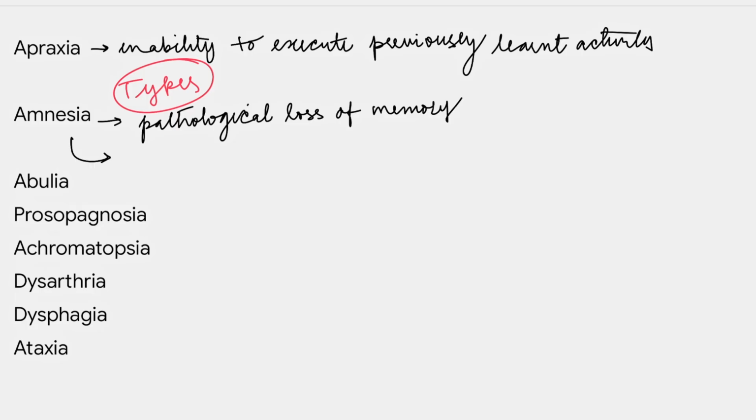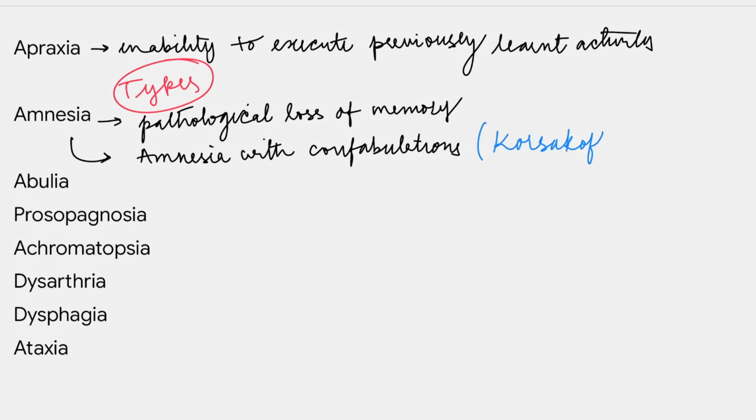One high yield fact, if they ask where do you see amnesia with confabulations, it is Korsakoff psychosis. In confabulation, the patient has lost memory, but the brain is subconsciously making up false memories to compensate for the lost memory.